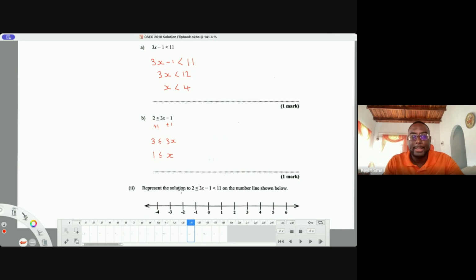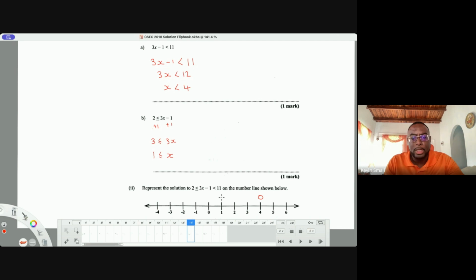So if it says x is less than 4, I have to go here at 4 and draw an open circle. If it says 1 is less than or equal to x, or x is greater than or equal to 1, then I will do the other way.